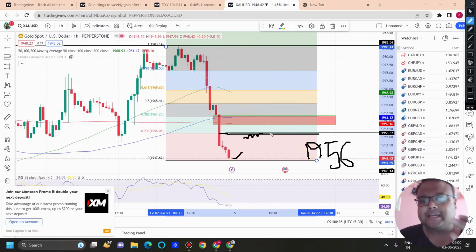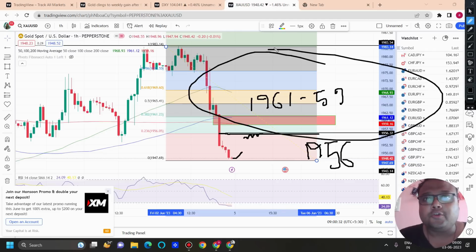And in case the market goes up, then we have 1961 to 1959 as a good resistance. In this market situation where the market has already witnessed heavy selling pressure, it means sellers are dominating. Try to understand the market sentiment here. So in this scenario, 1961, 59 is equally a very good resistance where you can expect the presence of strong sellers.